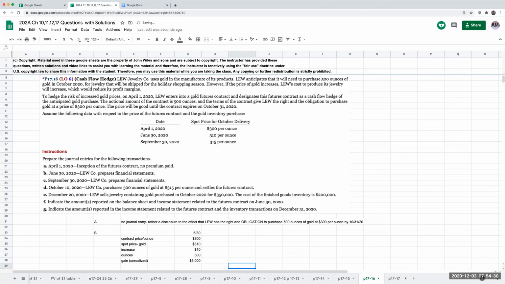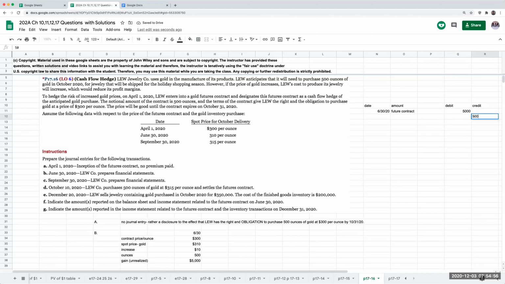of $5,000. So my debit on June 30th is going to be to the futures contract, for $5,000.